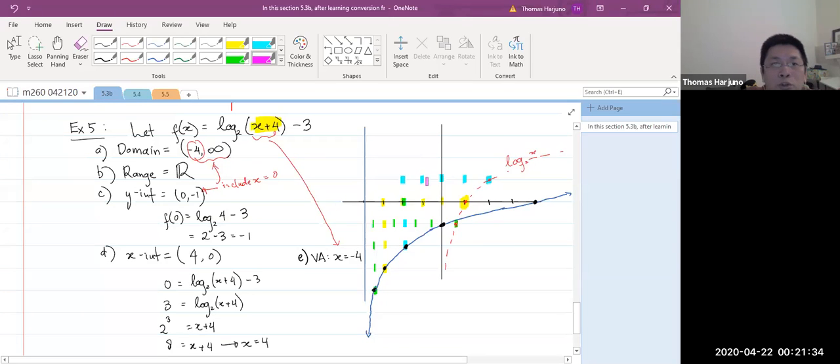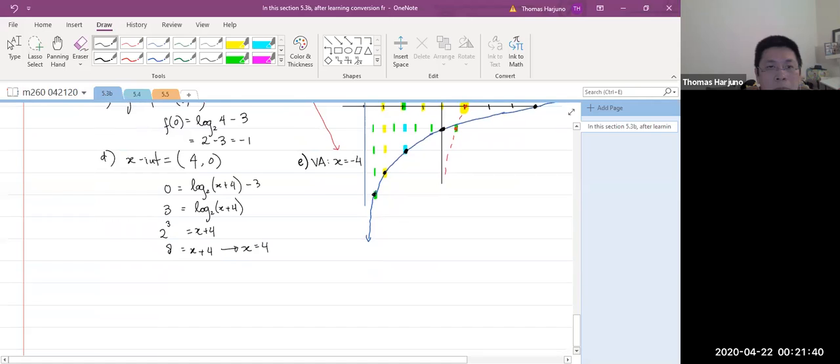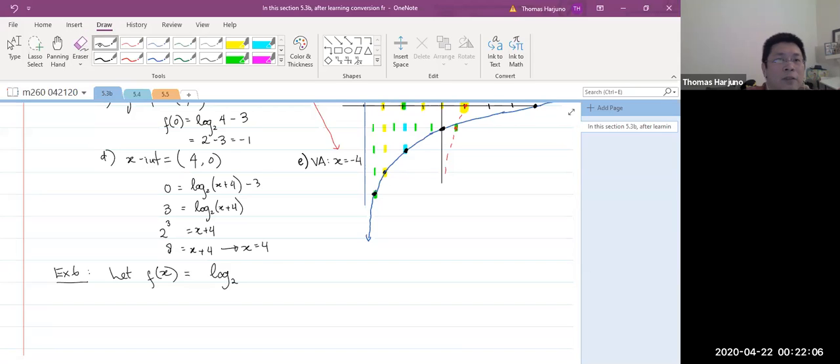Now, let me ask you to try one problem. Example 6. Let f(x) equal to log base 2 of... how about log base 1/2 instead?